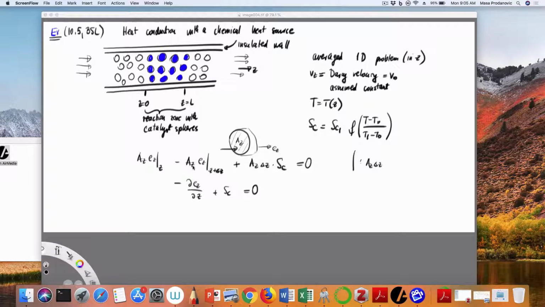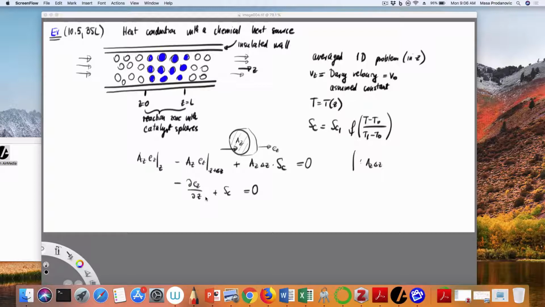The area is the same. Then there is the volumetric term, my volume times the heat per volume, and that has to be equal to 0 in steady state. So I divide by my volume and take the limit as delta Z goes to 0, and that gives me a deceptively simple differential equation that says partial Ez partial Z is equal to SC.